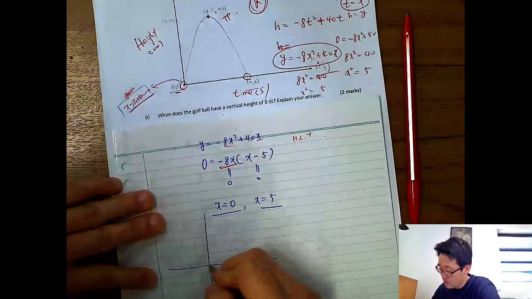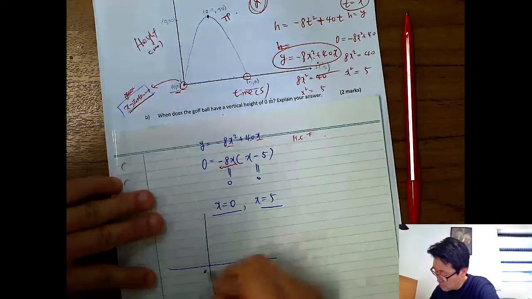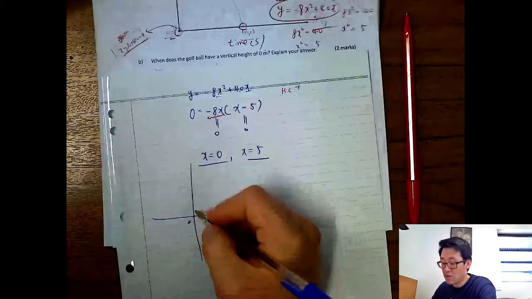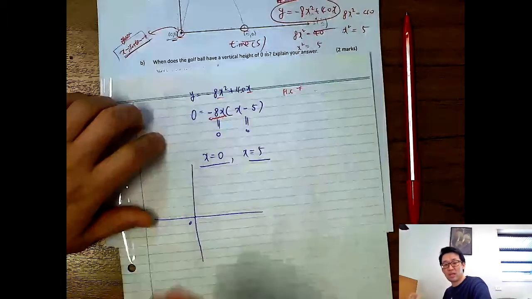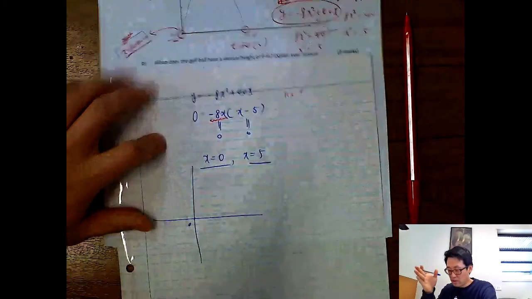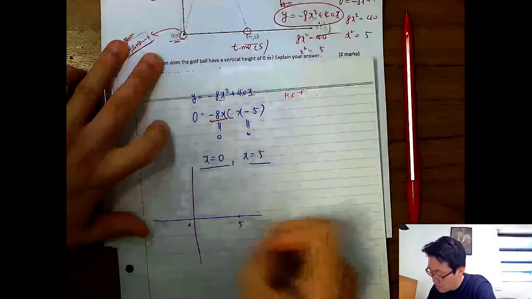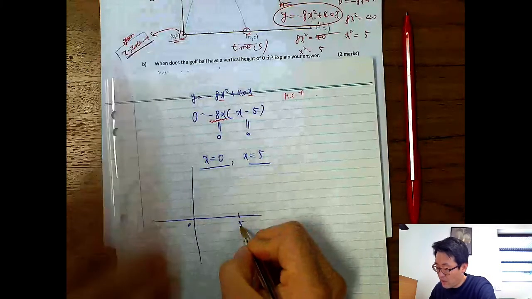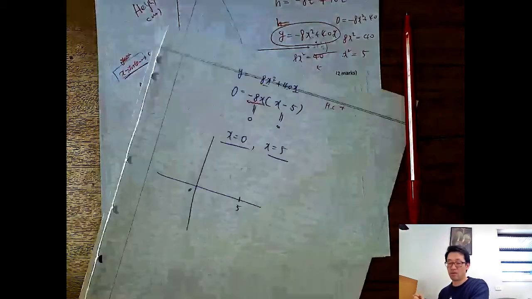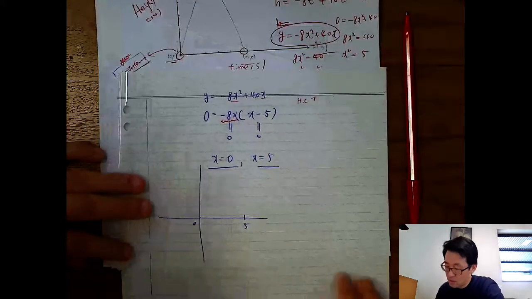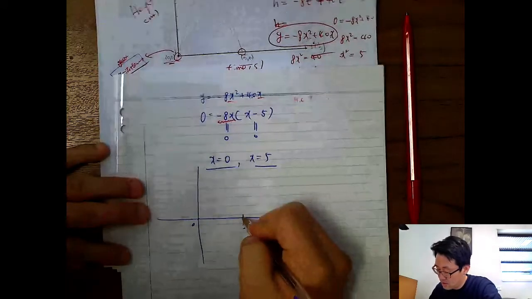Which means when x equals 0, that has to be 0, isn't it? Because when time is 0, when I hit it, the ball is on the ground, so height is 0, and then 5. In 5 seconds, 1, 2, 3, 4, 5, the ball landed, isn't it?